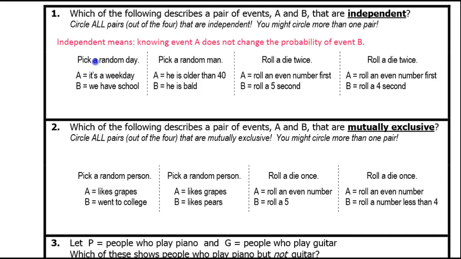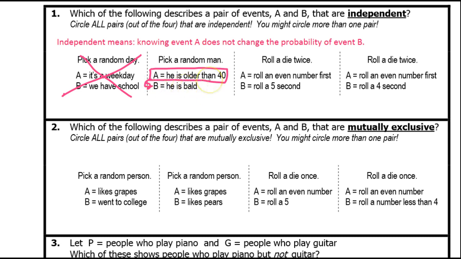So we are just supposed to circle the ones that are independent. So we're definitely not going to circle this one. So we're picking a random man. Event A is that he is older than 40. If we know event A, that is going to change the probability of event B, because event B is he is bald.